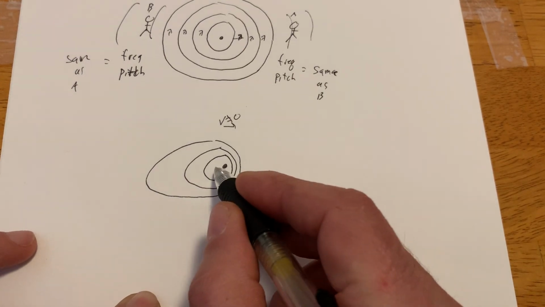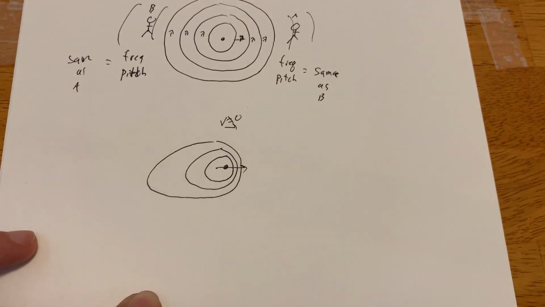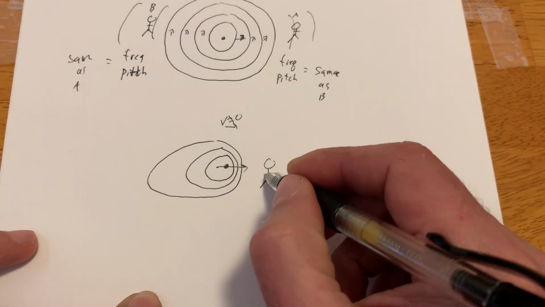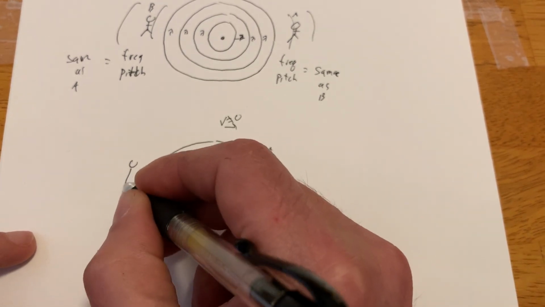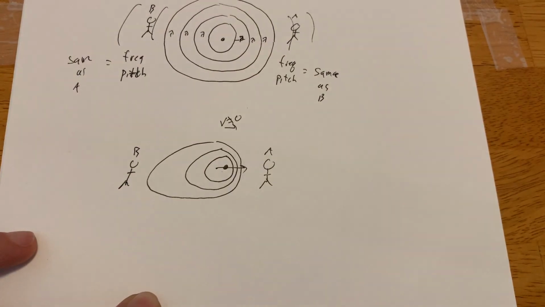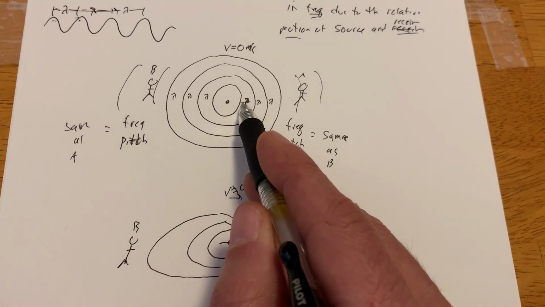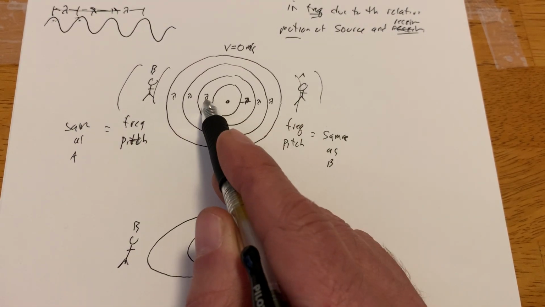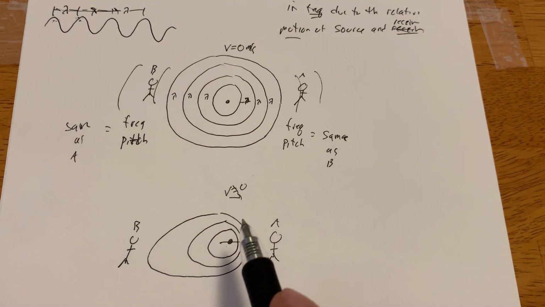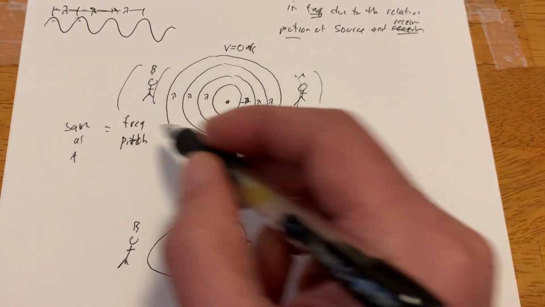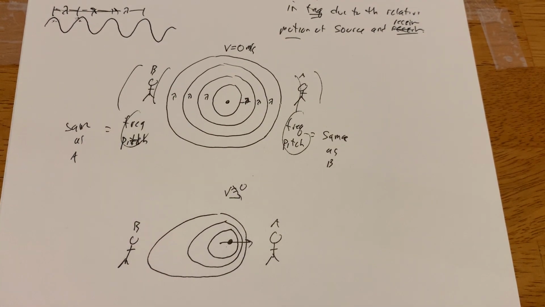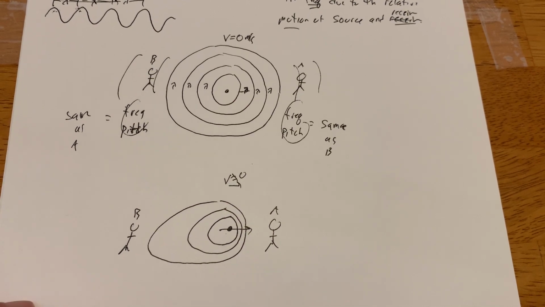So this object is moving very fast to the right. So here now is A, here now is B. Let's see what happened. Stationary, the wavelengths on the right side and the left side are exactly the same distance. So this person and this person are hearing the same exact frequency and pitch.